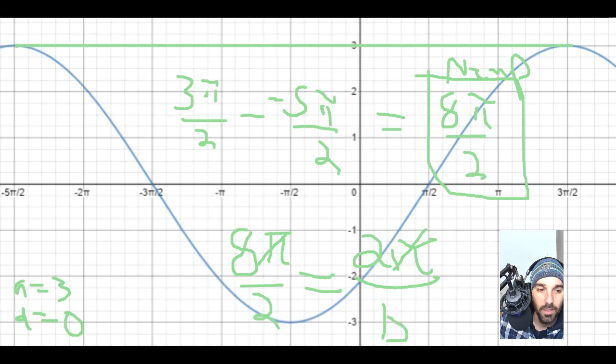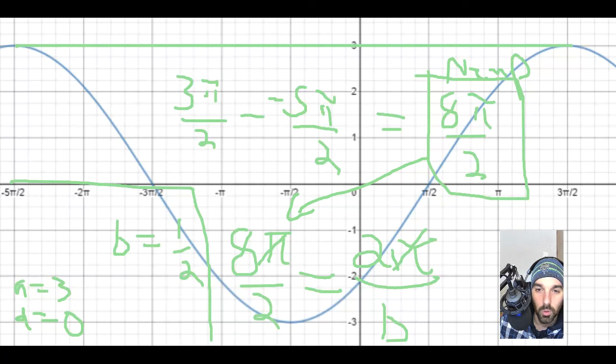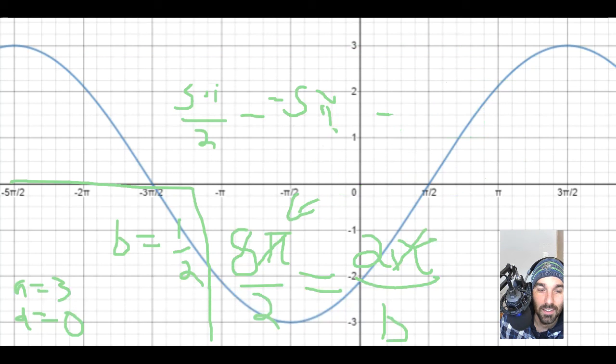That's 1/4, and then times 2, so b is going to equal 1/2. Do you guys see how I set this up? Does anybody have questions about that? This is my noop, and then it's old over b. I'm making noop a thing, so you can't fight that. So I get b equals 1/2.